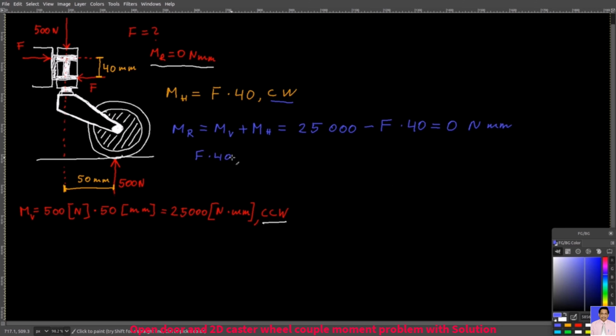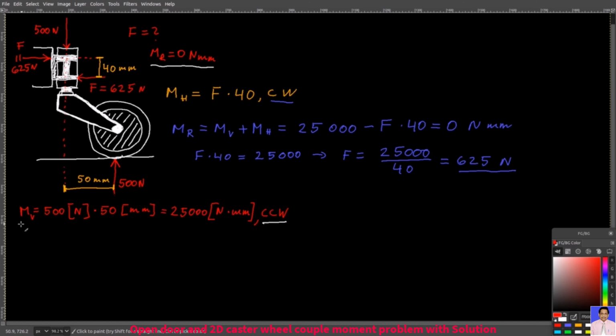That means that F times 40 equals 25,000, so F equals 25,000 over 40, and that would be 625 newtons. And there you go, the horizontal forces have to be 625 newtons, and they have to be in this configuration where they create a clockwise couple moment, and then these two couple moments will neutralize each other. This one will be neutralized by this one.